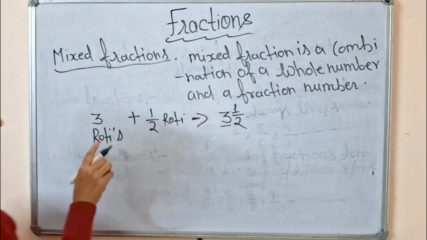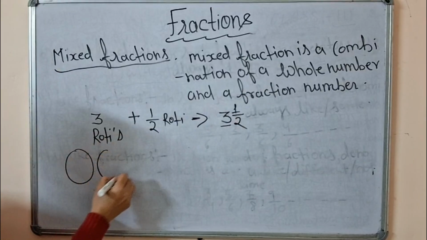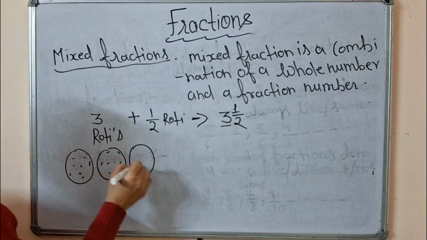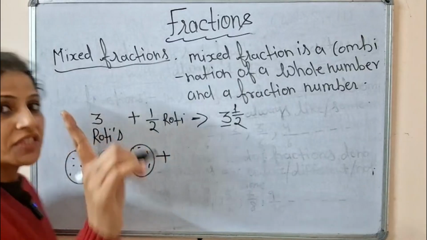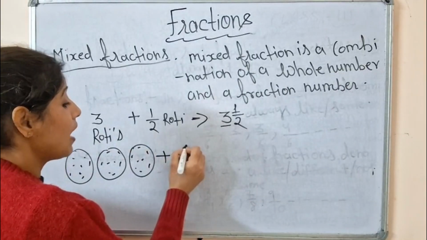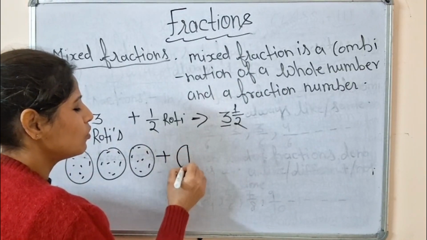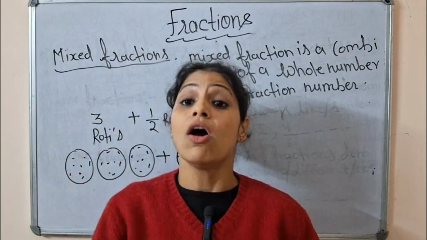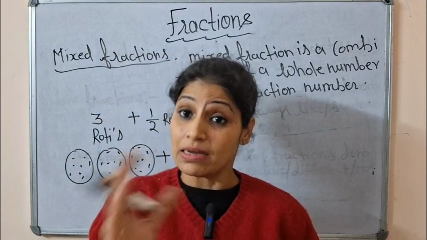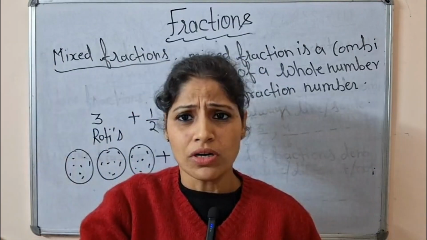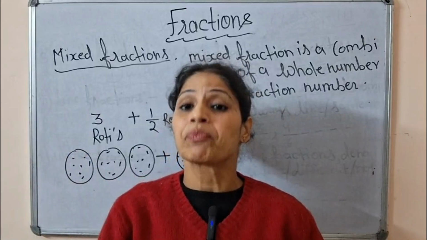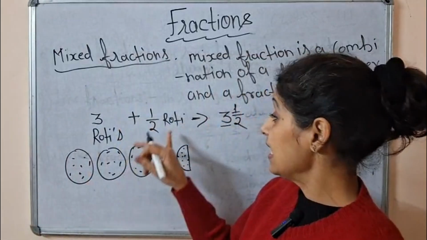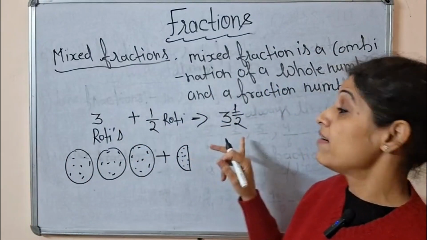So this is whole. 3 whole chapatis you have eaten, plus half more chapati. तो आज भाई हमने खाई 3 plus half chapati. Then it will be written as 3 by 1 upon 2.